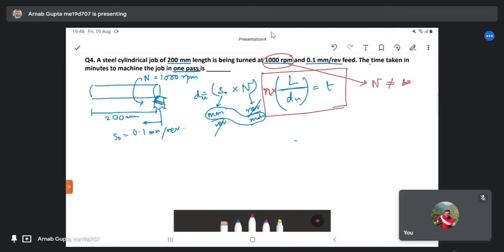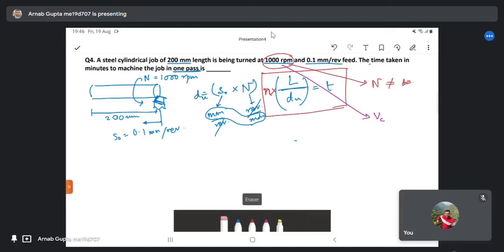But suppose, like in the question, you are given a cutting velocity, say 5 meter per minute, or it can be any value, I am taking this arbitrarily. This is rather very small; in turning operations, it's high. So suppose you have been given the cutting velocity Vc.